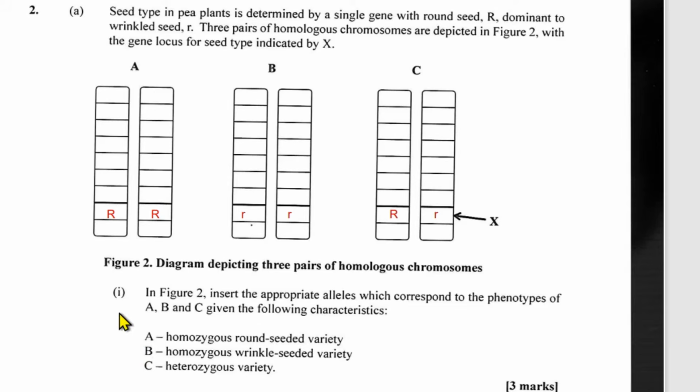So homozygous, remember, homo means same, so 2 of the same. So this is going to be a recessive r on one locus and a recessive r on the other. Heterozygous variety now means that hetero means different, which means you have 2 different alleles. So on one locus you're going to have the capital R, the dominant, and on the other locus you're going to have the lowercase r, the recessive.